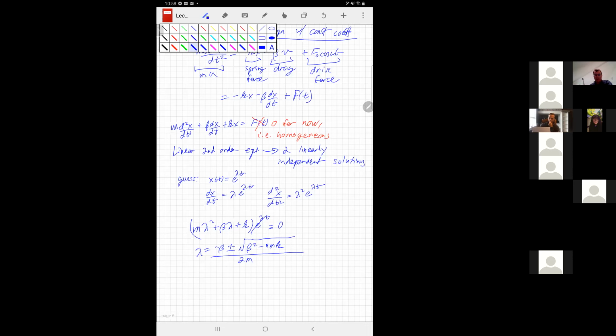Hopefully this looks somewhat familiar from your differential equations class, but you may be thinking, if I've got a mass on a spring, don't I get an oscillation? This doesn't look like an oscillation. This looks like just an exponential function. Well, yeah, but exponential functions can be oscillating. What does it take for an exponential function to oscillate?